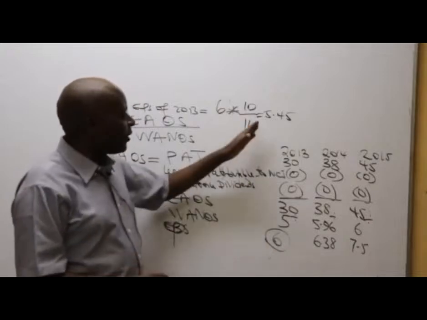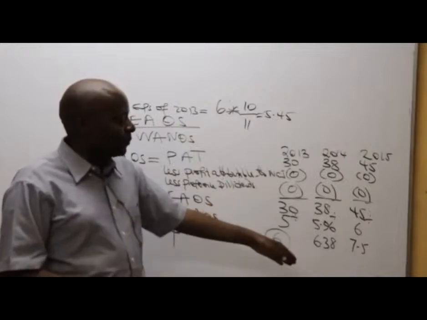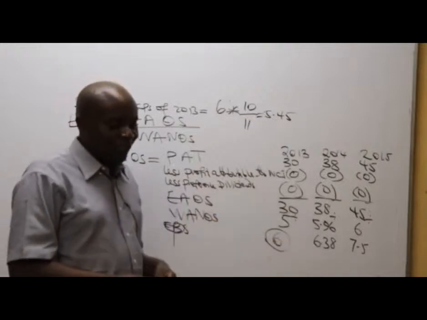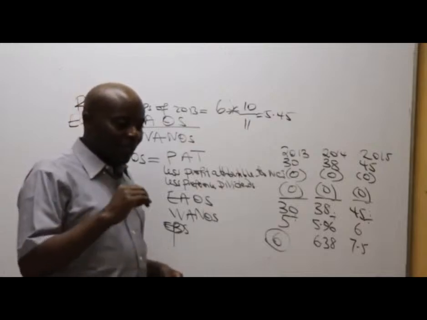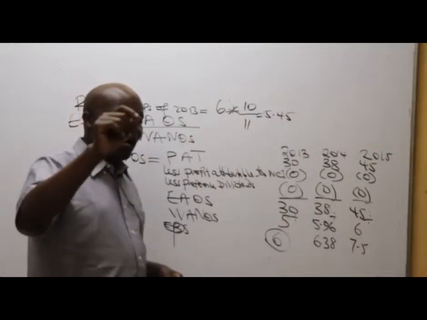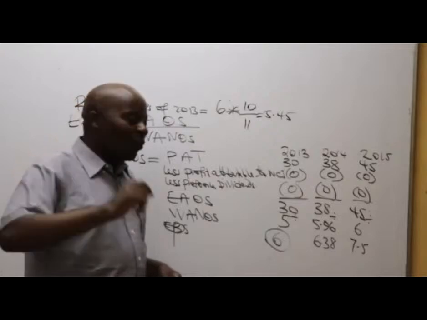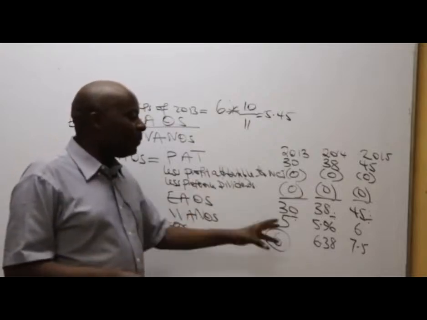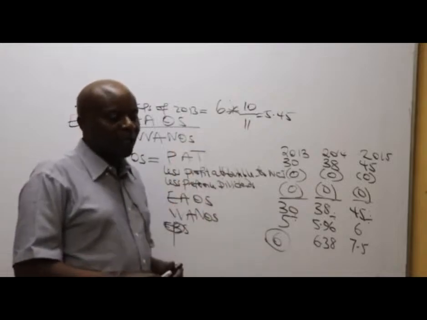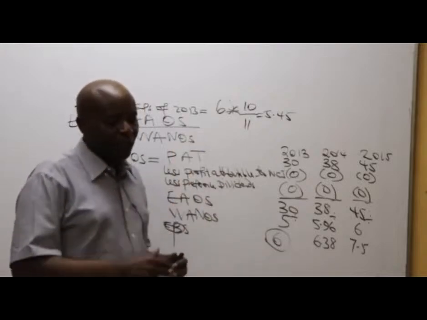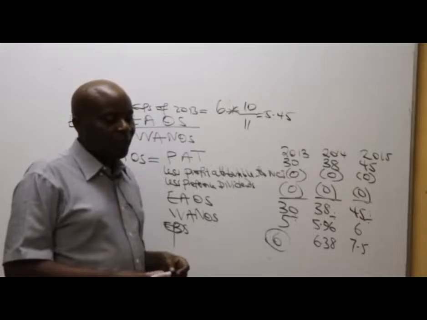Because now I'm comparing 5.45, from 5.45 we went to 6.38, went to 7.5 like that. So the comment that you're putting there is that this company's performance is superb. Any CEO who is able to increase their EPS like this should earn huge perquisites in the form of bonuses.